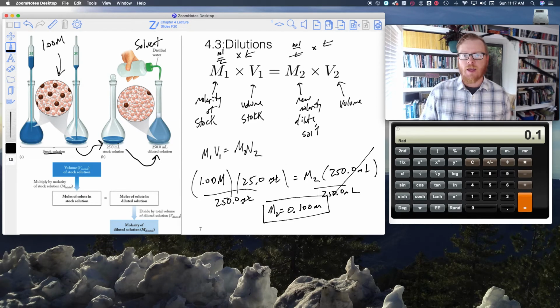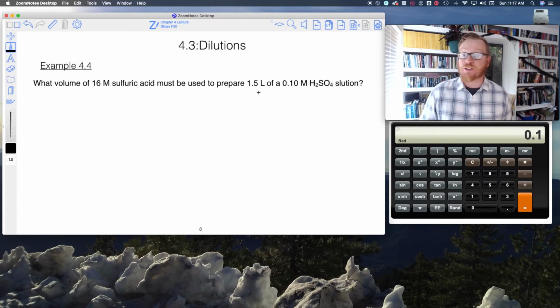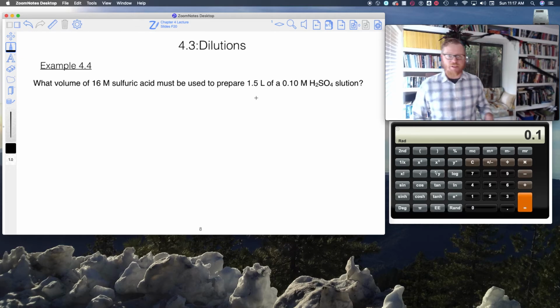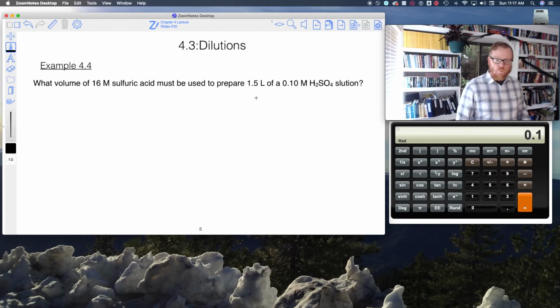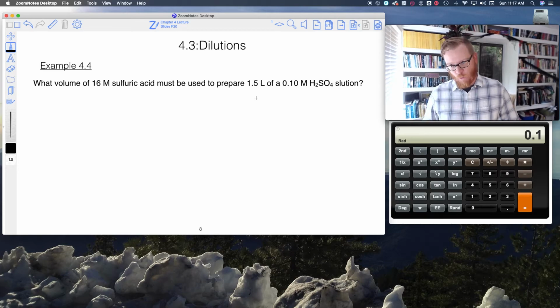Okay. And so now let's see. So here's another example problem. What volume of 16 molar sulfuric acid must be used to prepare 1.5 liters of a 0.10 molar solution? I'm just going to give you the answer. See if you can work it out.